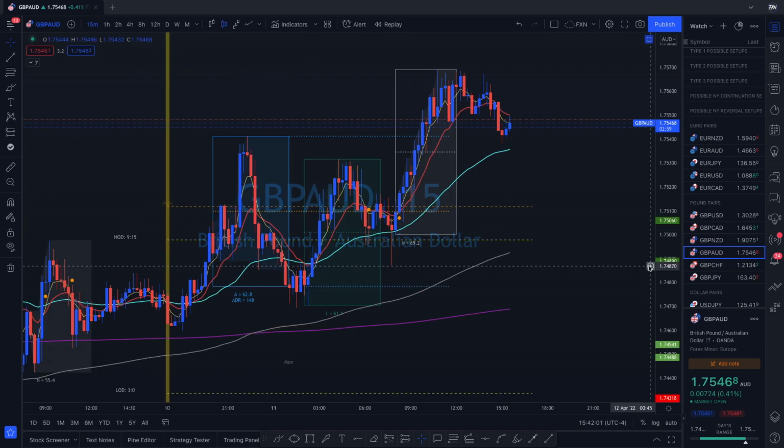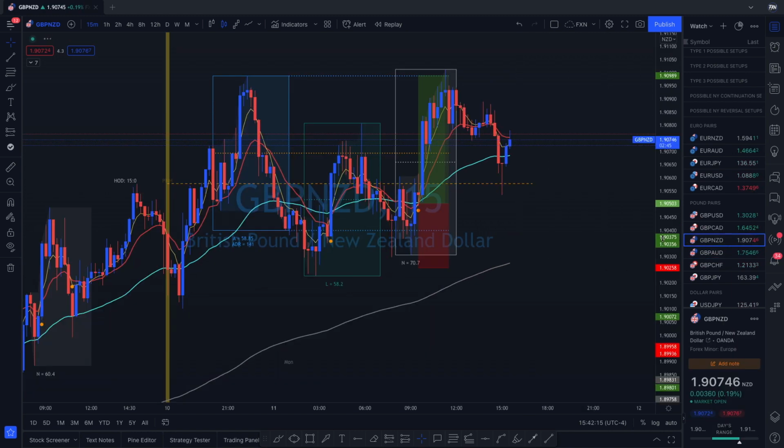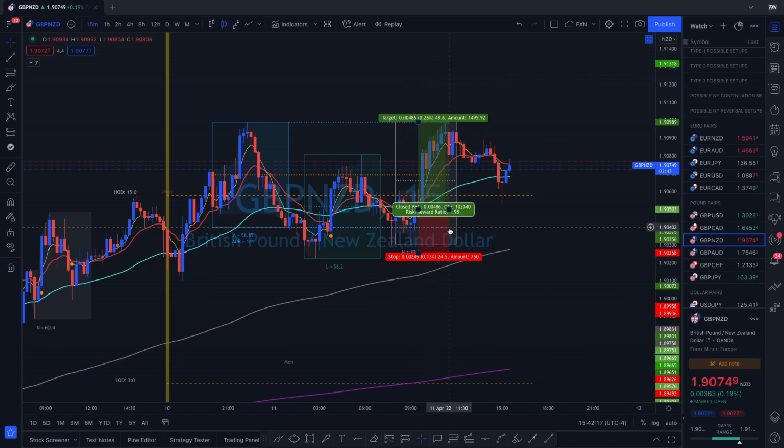On pound AUD, depending on the rules that you have for your entry, you could have taken this as a continuation trade in New York, but you really didn't have the types of confirmations that you would like to have when you compare that to pound NZD.